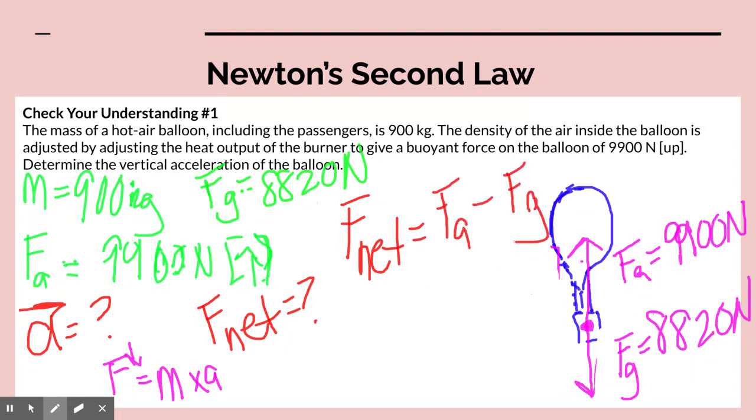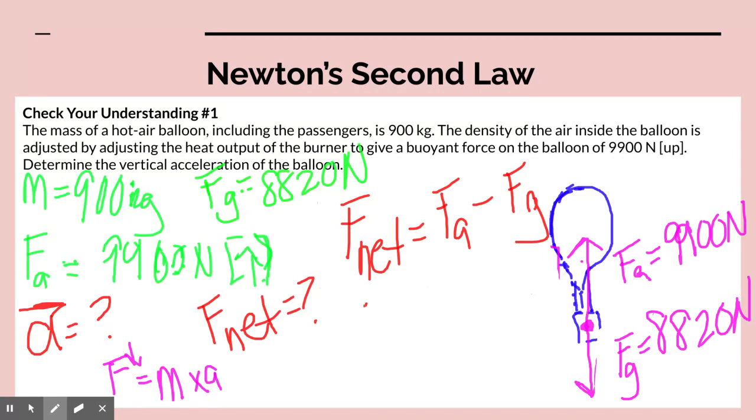We did it this way because we should expect, seeing the magnitude of our forces and that it's already saying that we are moving in the upward direction, that our upward direction is our positive direction. That's why we set it up as applied minus gravity.